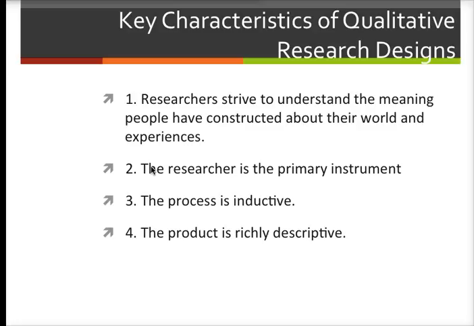You've seen it come up in other slides here as I talk about the underpinnings of qualitative research, that knowledge is constructed. Okay, the researcher is the primary instrument. Okay, an instrument is the vehicle through which you gather data. In a quantitative study, the primary instrument might be a survey. Okay, but you are the person collecting the data, so you're the primary instrument.